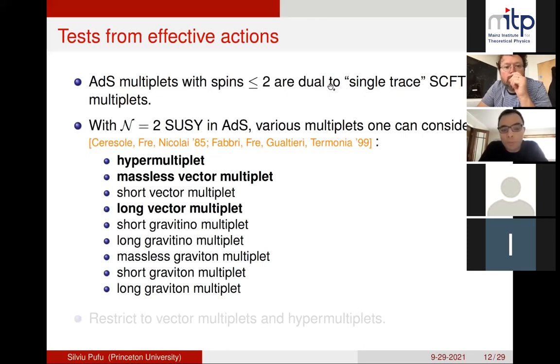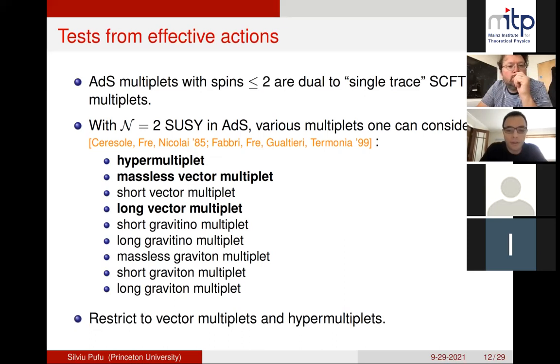So with N equals 2 supersymmetry in AdS, various multiplets that one can consider is a big list: hypermultiplets, vector multiplets, gravitino multiplets, graviton multiplets. Many of them are complicated. For some simple test, I just want to restrict to vector multiplets, massless or massive, and hypermultiplets.